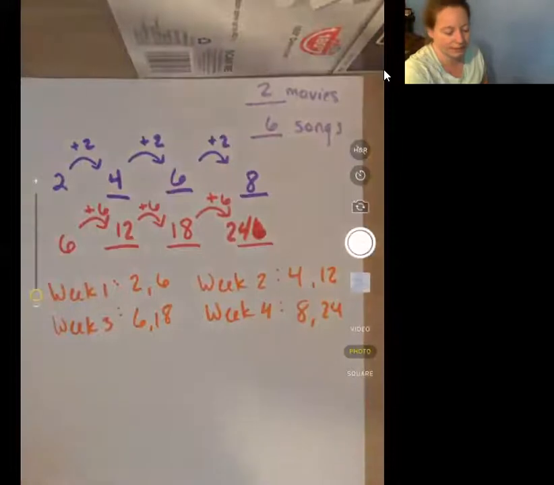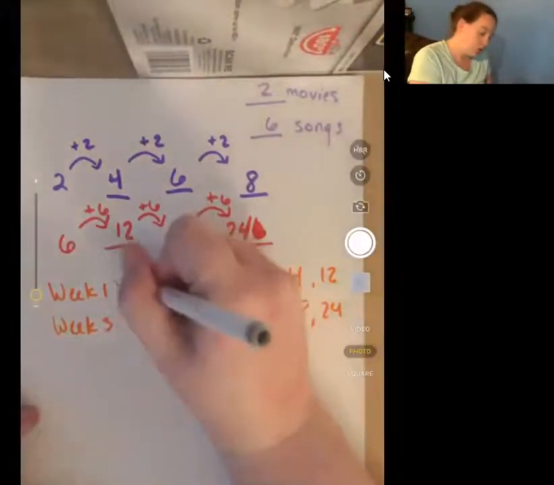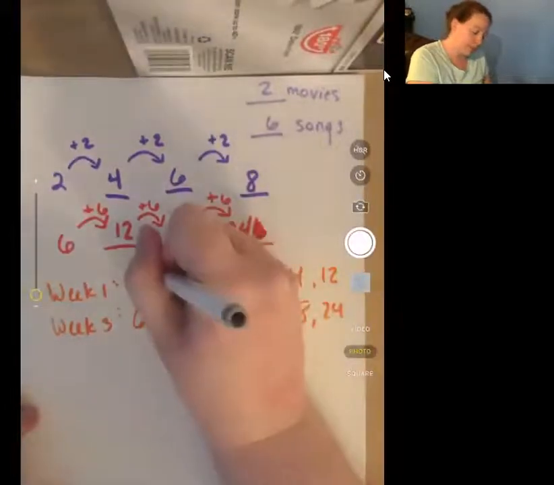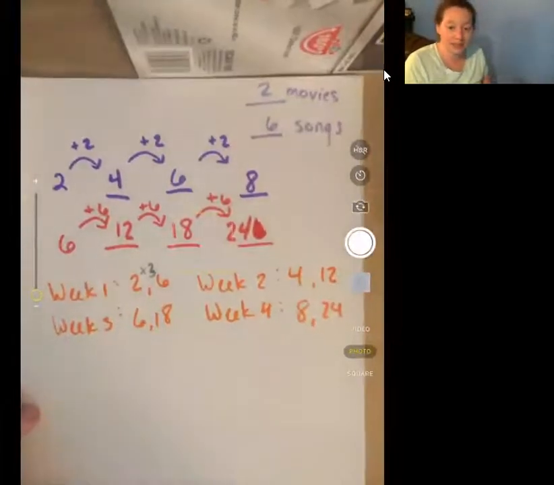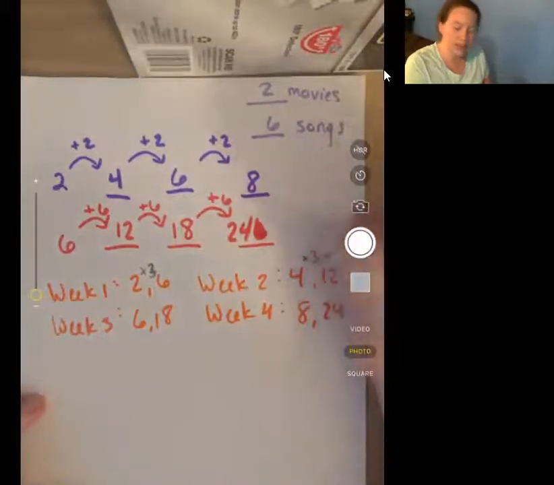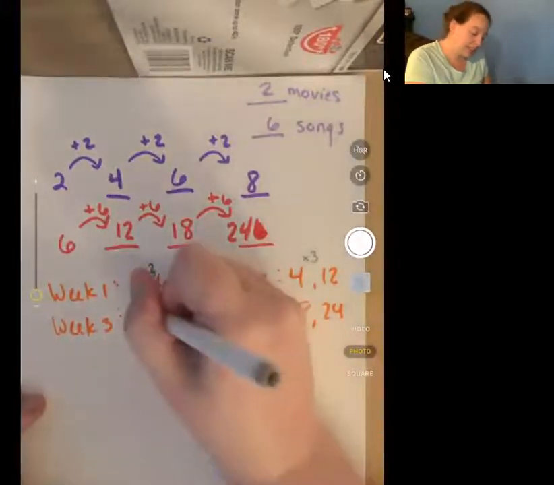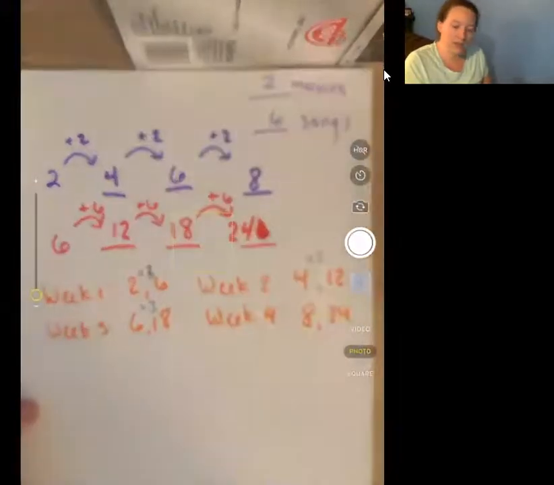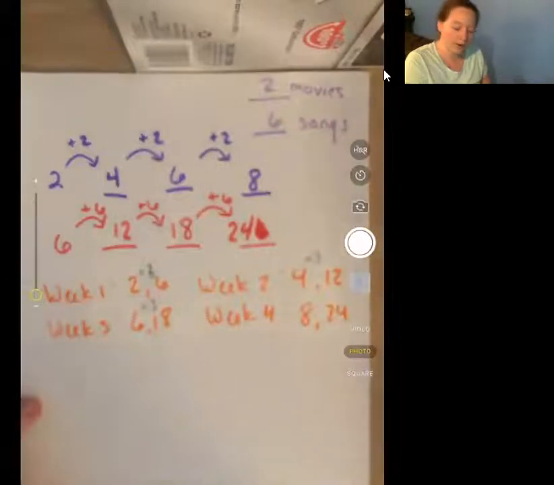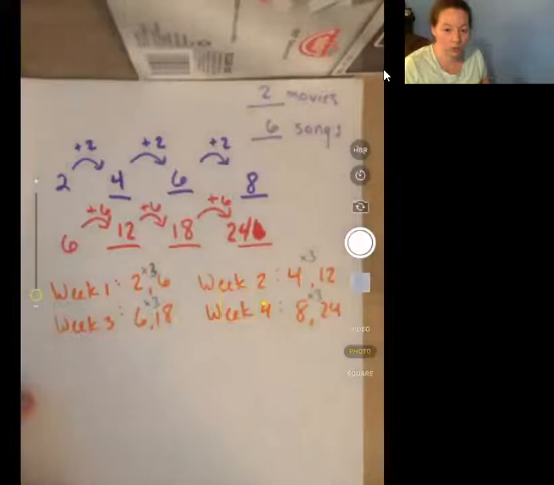Let's think about this. 2 times what is 6? 2 times 3 is 6. 4 times what is 12? 4 times 3 is 12. 6 times what is 18? 6 times 3 is 18. 8 times what is 24? 8 times 3 is 24. That's all that we're doing there.